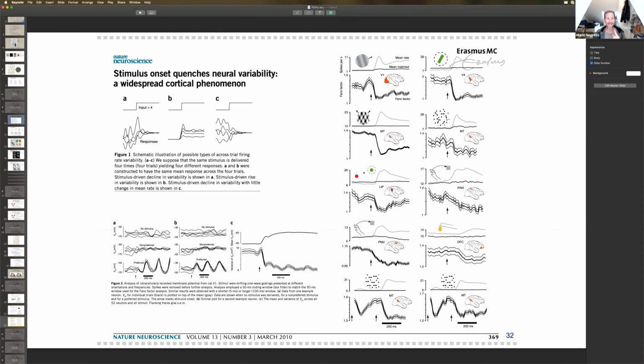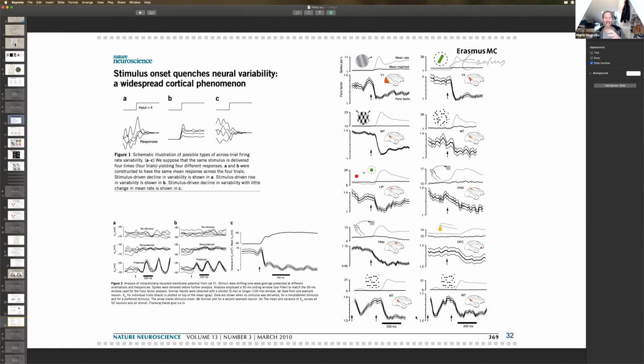Or in the lateral intraparietal cortex, LIP, you have a choice paradigm in which the monkey has to look at the green dot and gets juice if he gets to the green dot. Also there, when you present the stimulus with a reward, you have a reduction of the variability. The same happens when the monkey does a reaching motion, or when the monkey sees correlated dot patterns going in other directions.